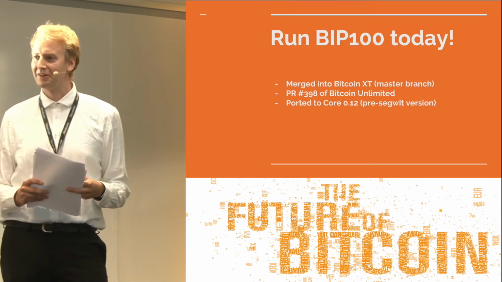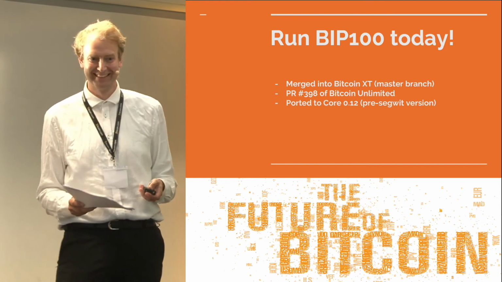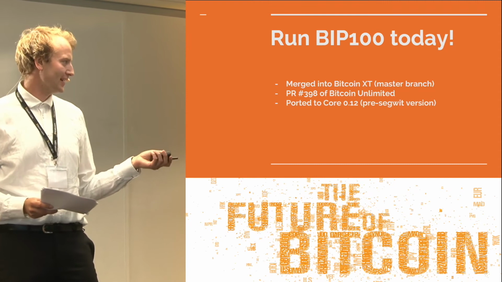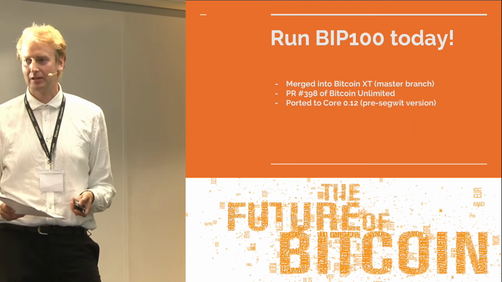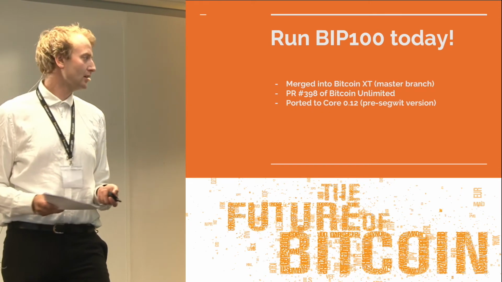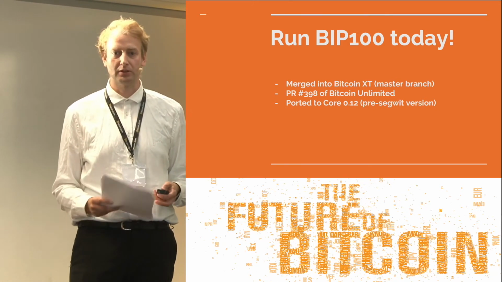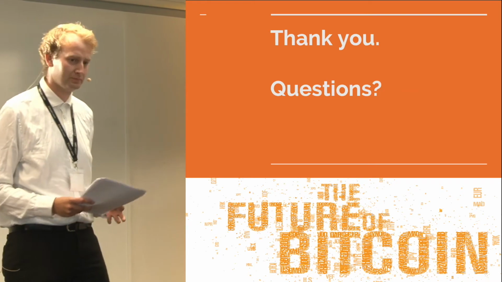So please run BIP100 today. It's merged into Bitcoin XT. It exists as a pull request on Bitcoin Unlimited, and we also have it ported to an old version of Core, the pre-SegWit version. Thank you.